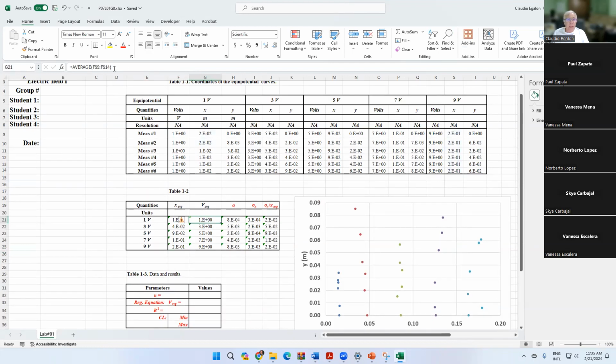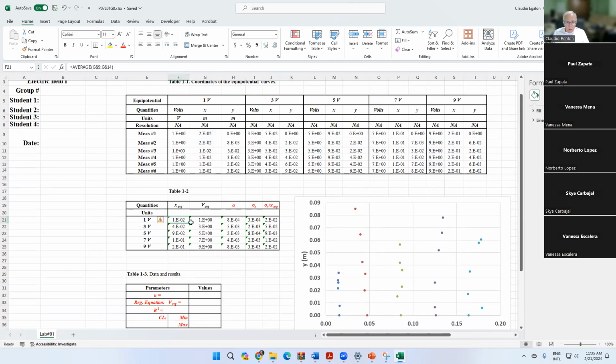And the average of V as well, because they're not going to be exactly 1. Okay, they're going to be a little bit off. Average of all those V values, average of all those other V values, and so on, right? See the highlight right here.